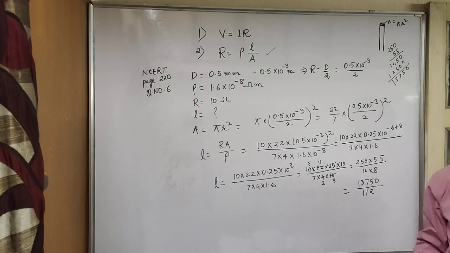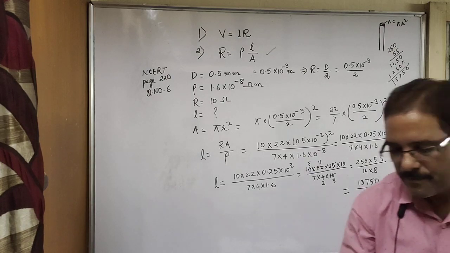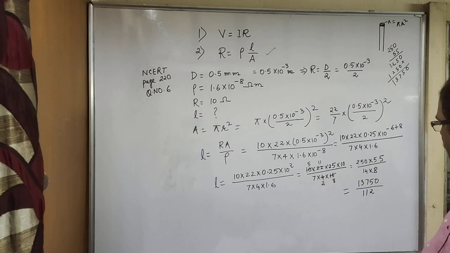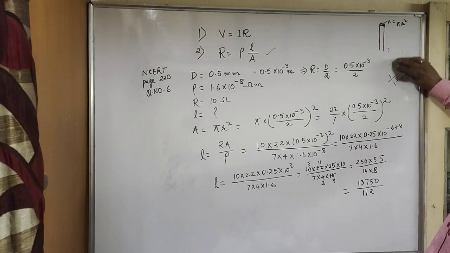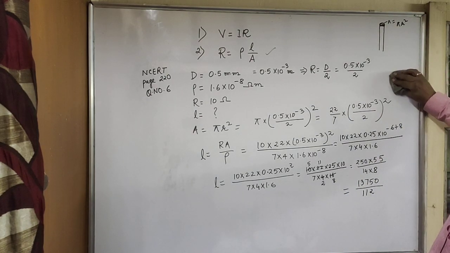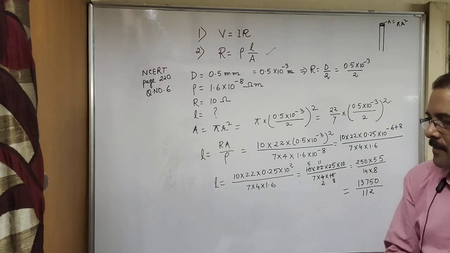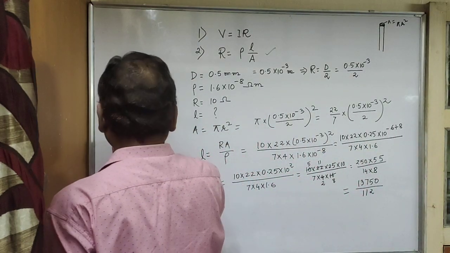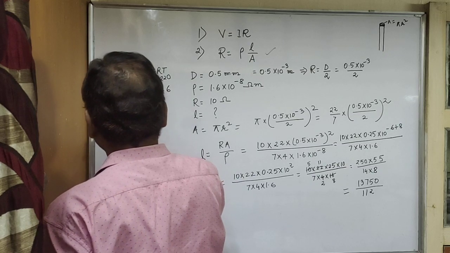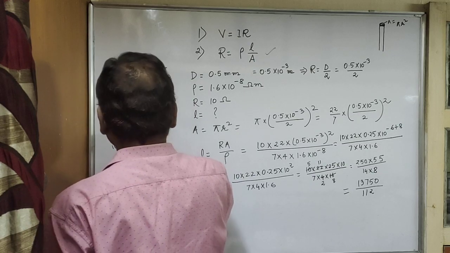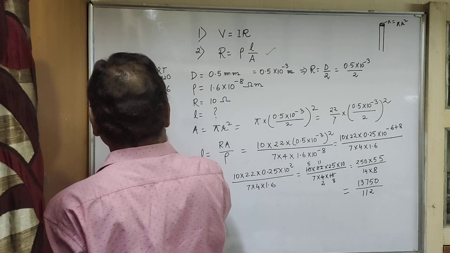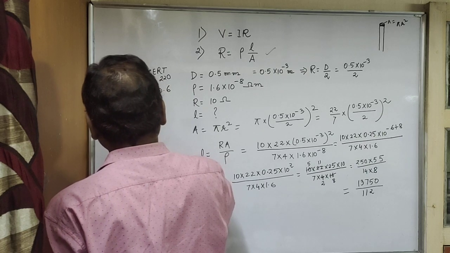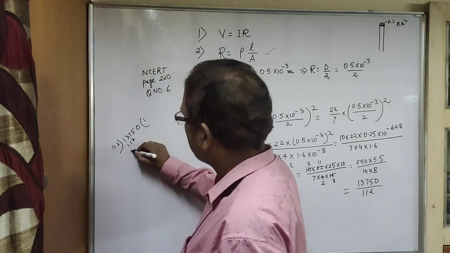So if you divide, check how much you are getting. If you divide 13750 with 112, one time it will be 112.